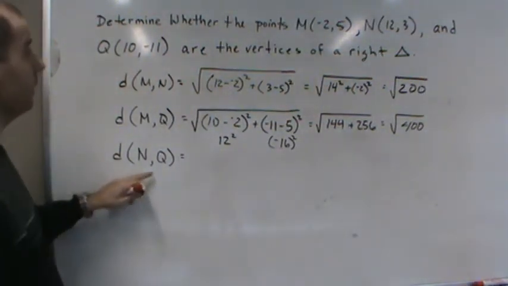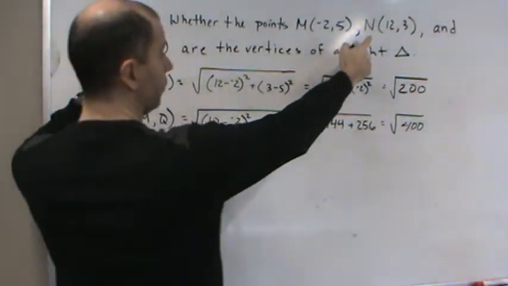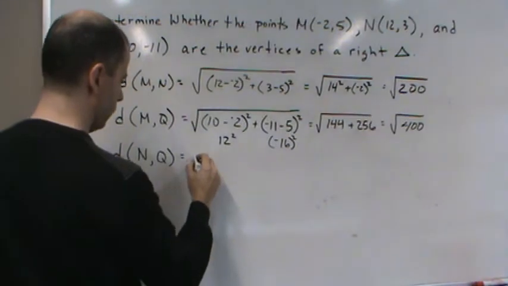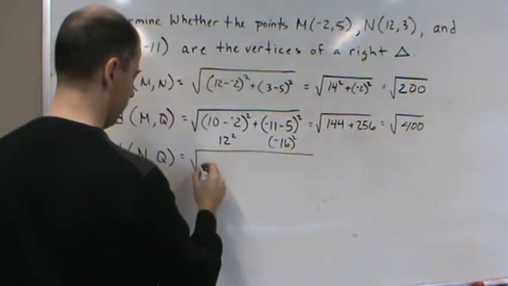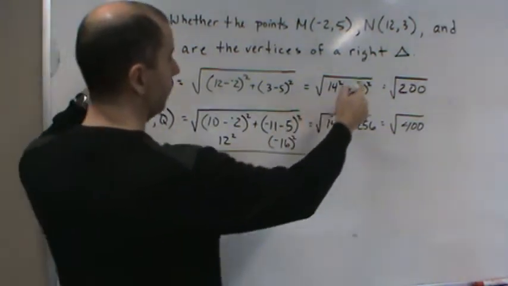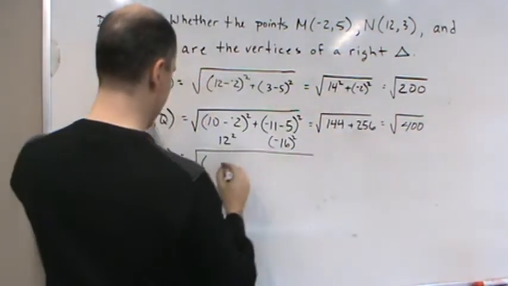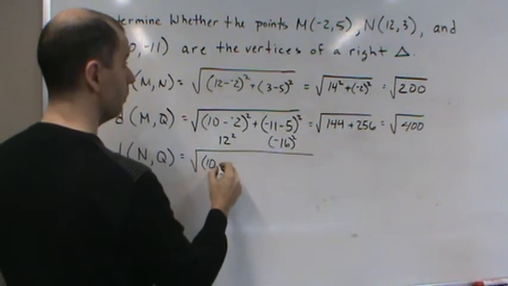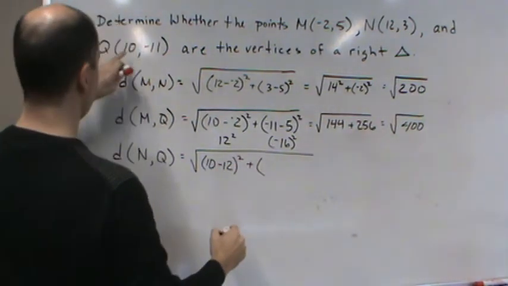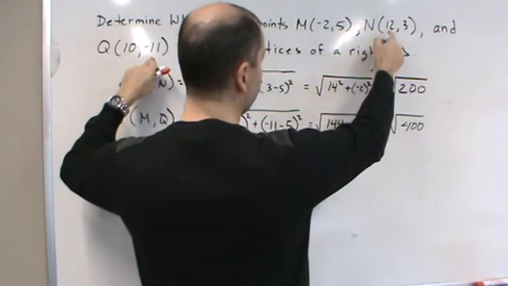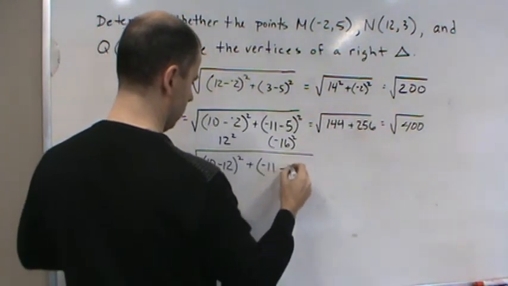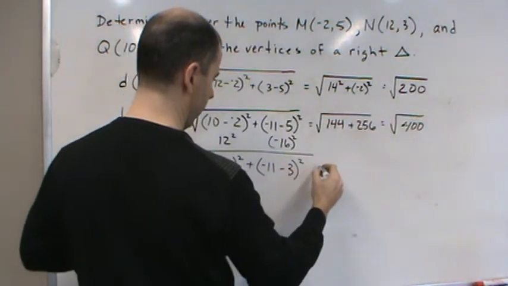And then finally, NQ is these two. So now I'm going to do 10 minus 12 squared plus negative 11 minus 3 squared.